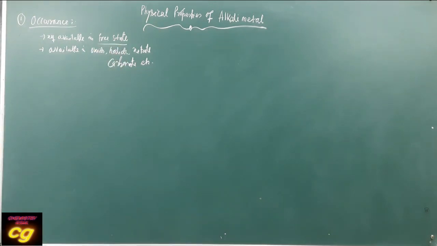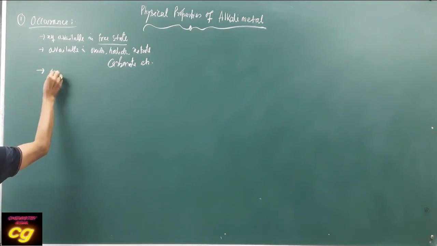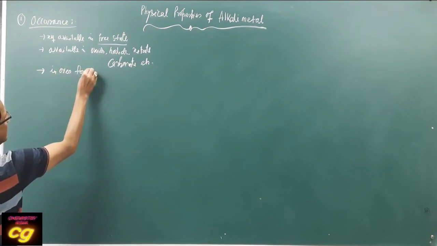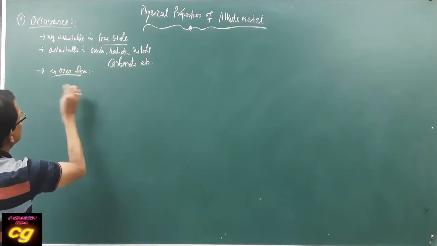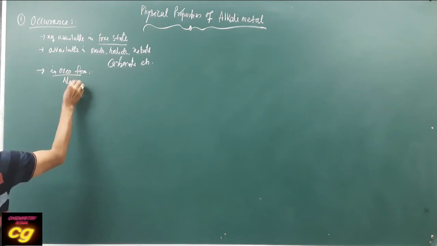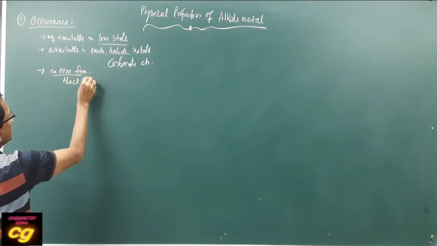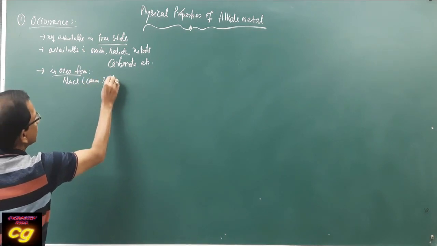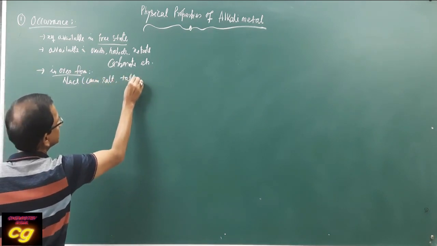That is a very important thing. They are available in different ores, for example sodium chloride, which is called common salt or table salt.